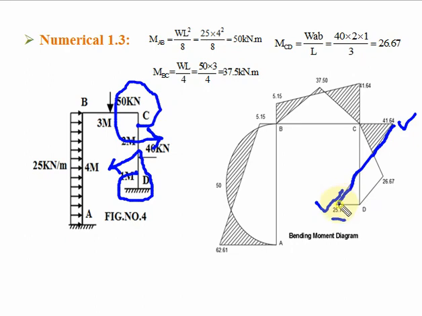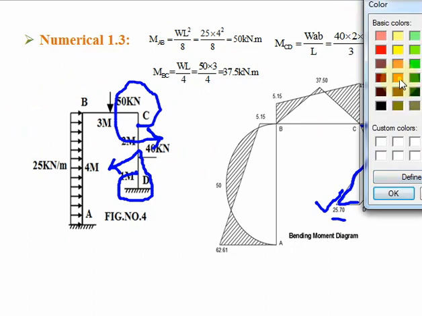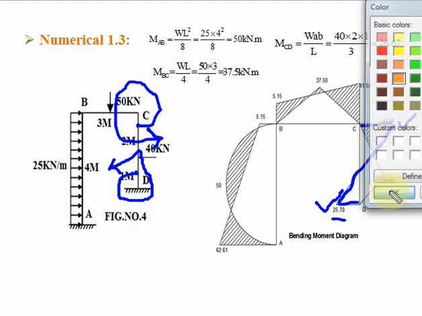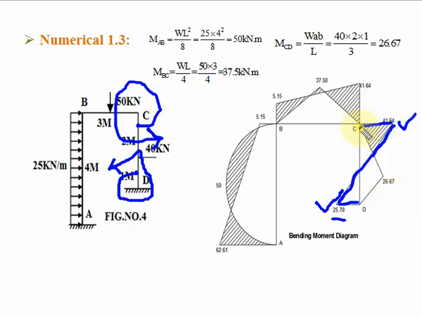Okay, so this is your end moment diagram. And the other diagram is nothing but your free bending moment diagram, that for the point load is in triangular fashion. Now which portion is overlap? This white portion is overlap, the overlap of your end moment and free bending moment diagram.